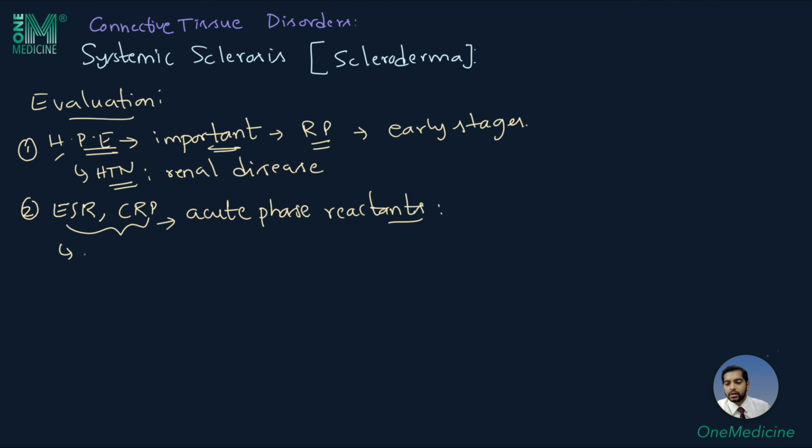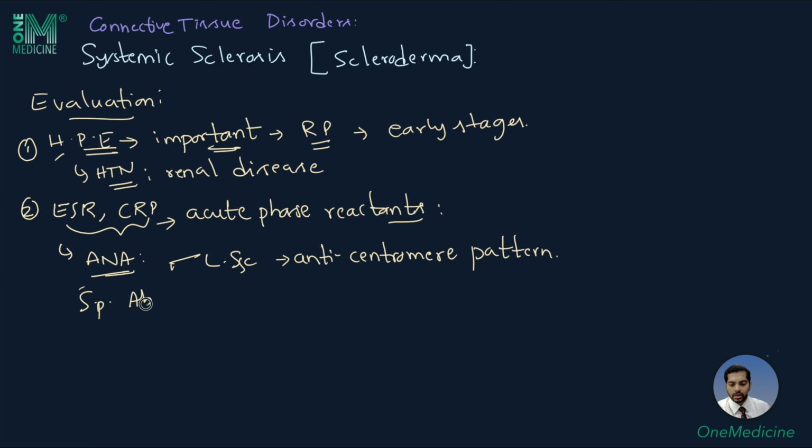An important laboratory investigation is anti-nuclear antibody test. Particularly in patients with limited systemic sclerosis, patients can have anti-centromere pattern of anti-nuclear antibody. Specific antibodies involved in systemic sclerosis include anti-SCL70 antibody, which is an anti-topoisomerase 1 antibody.